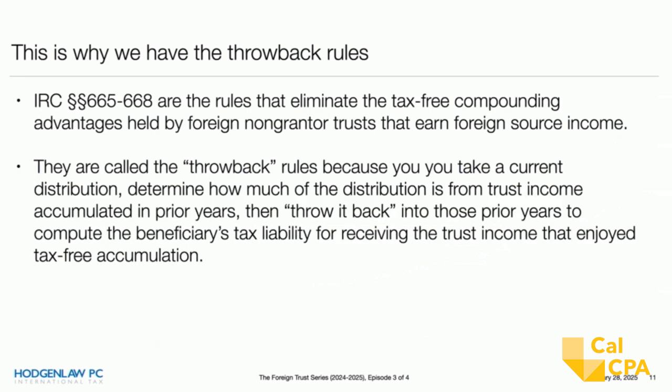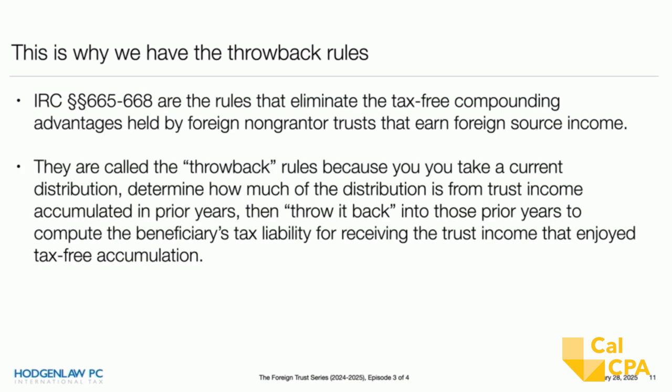And throwback rules are, I don't know why, jargony. It confused me for the longest time. But you find these in sections 665 through 668. And the idea here is that if income is accumulated in a foreign trust, Uncle Sam can't tax that income until it's distributed.